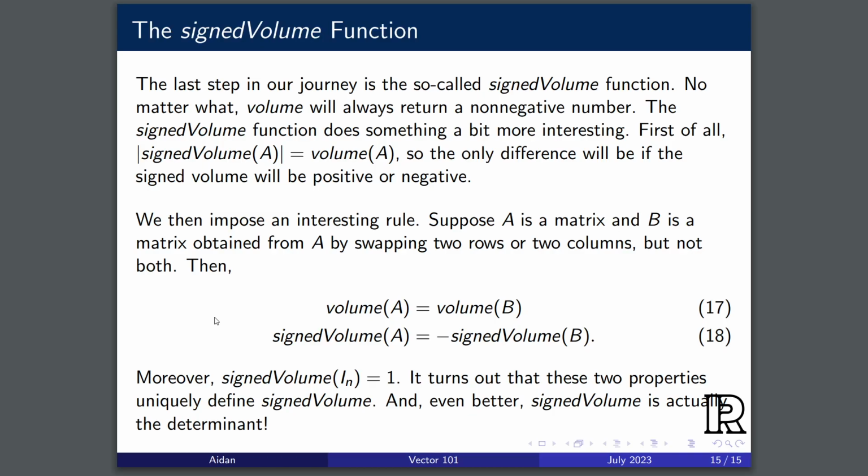First of all, the only difference between signed volume and volume is going to be the sign. So the absolute value of signed volume is just volume. So all we have to do now is figure out, given a matrix A, should signed volume be positive or negative?